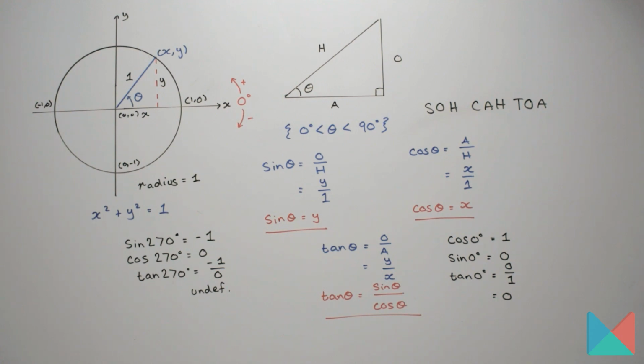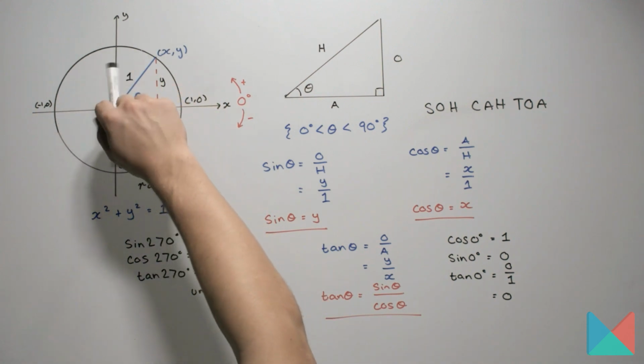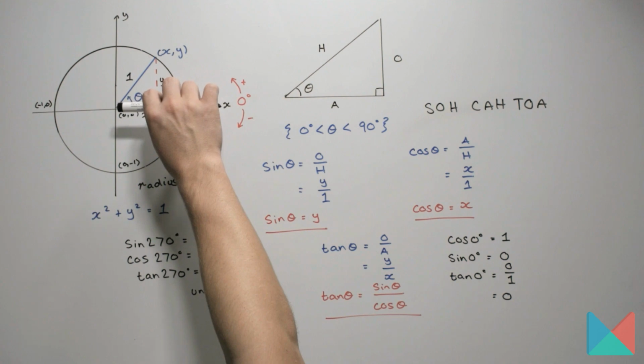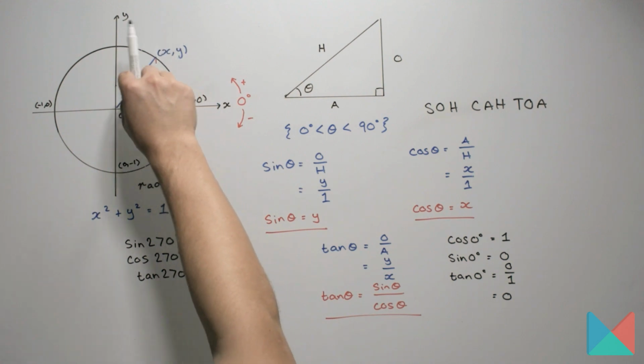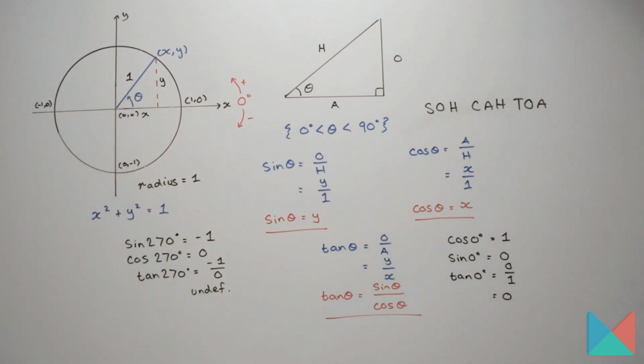And let's do a couple more examples. So suppose I asked you where the coordinate at 540 degrees is. Well, we'll start at 0 degrees and we'll go around 360 degrees. So we'll end up back at the beginning, and we'll go 180 degrees more to 540 degrees. And we'll be at the coordinate (-1, 0). And you could probably notice that this is the exact same coordinate as 180 degrees.